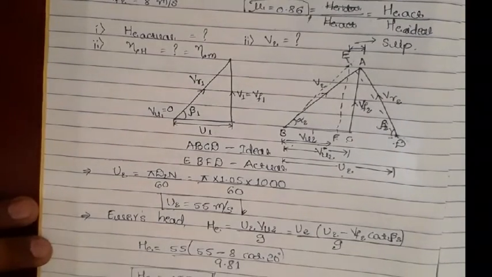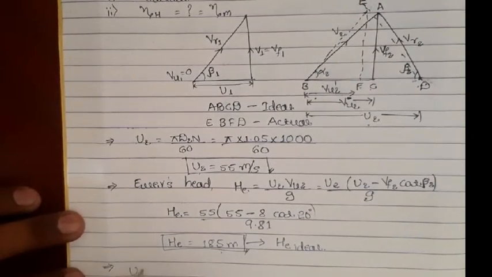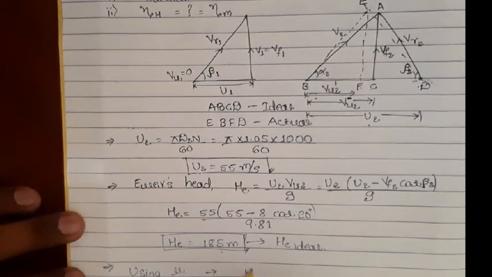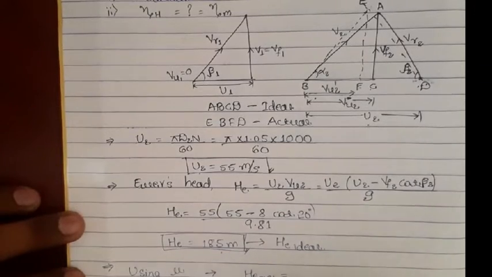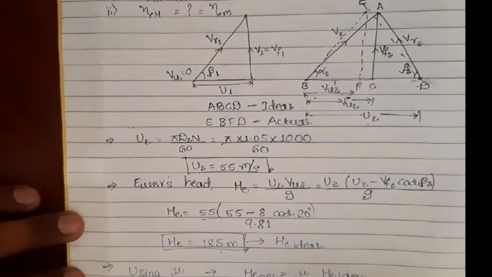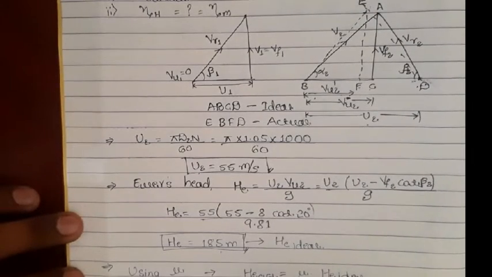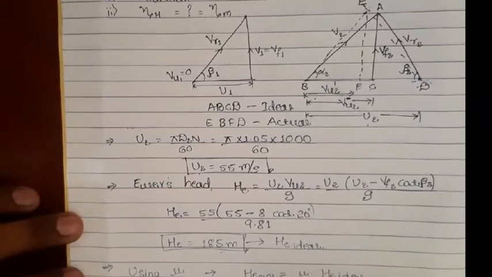Understood? Now we are directly given the value of the slip coefficient. Using the slip coefficient, I can easily calculate HE actual, which should be equal to mu into HE ideal. 14% less, so it becomes 0.86 into 185.